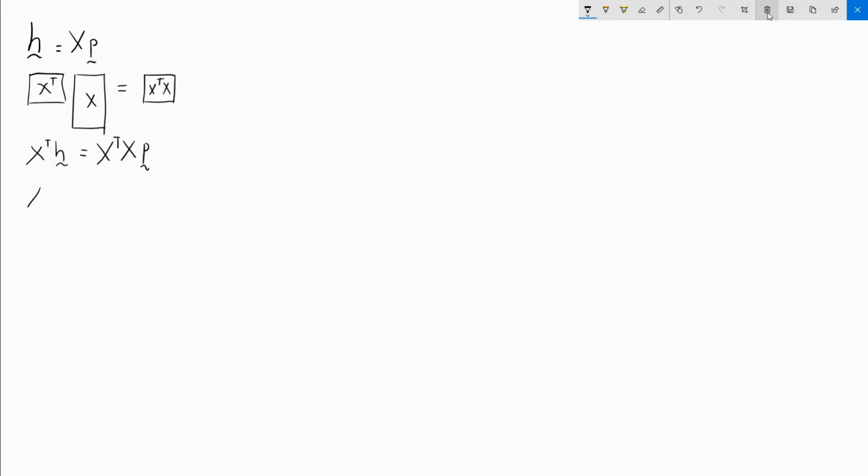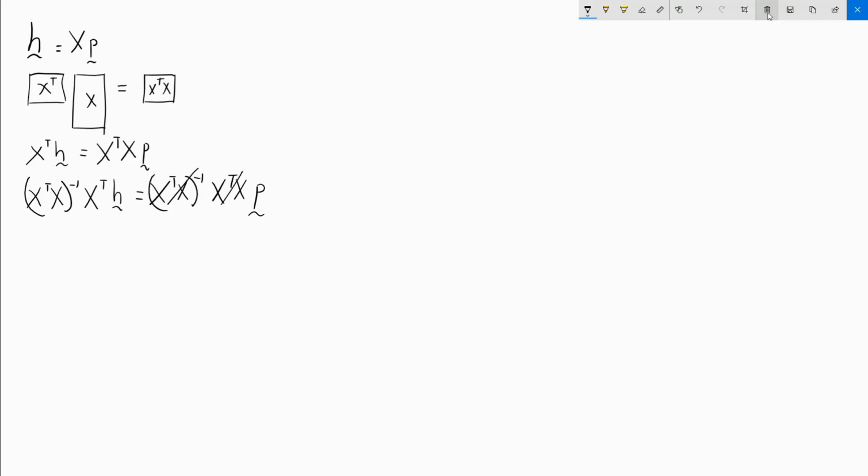So, XtX inverse XtH equals XtX inverse XtX p. Now, because we have an inverse multiplied by the matrix, I can cross these two out.